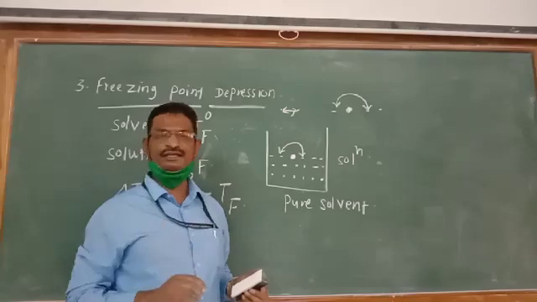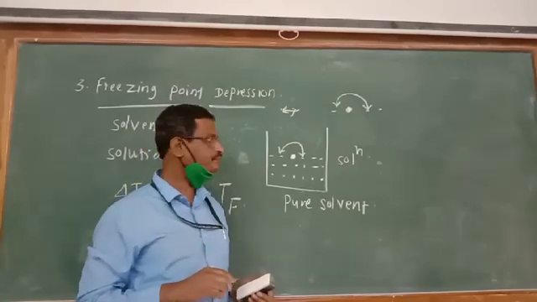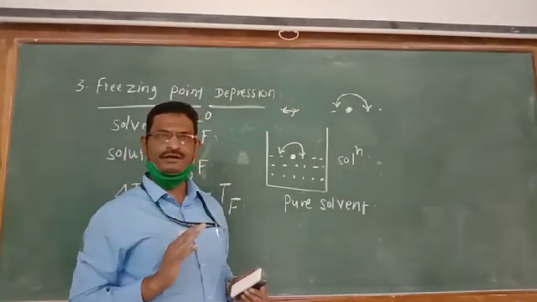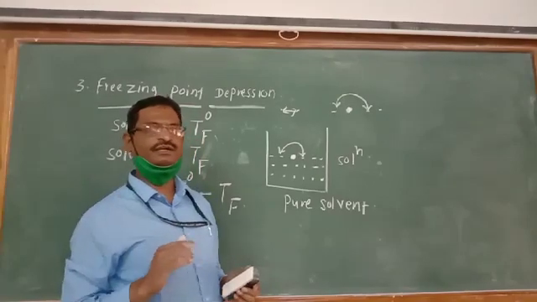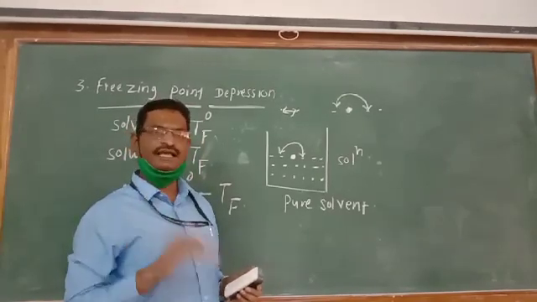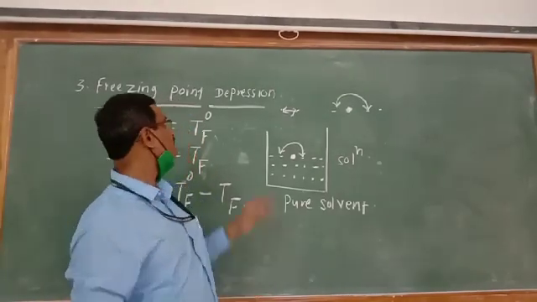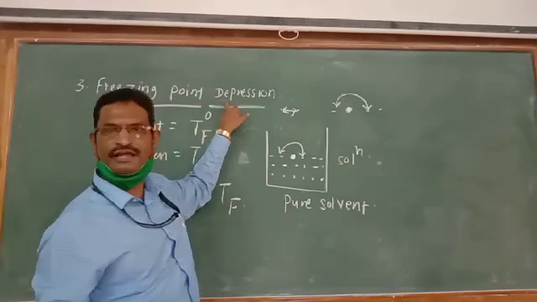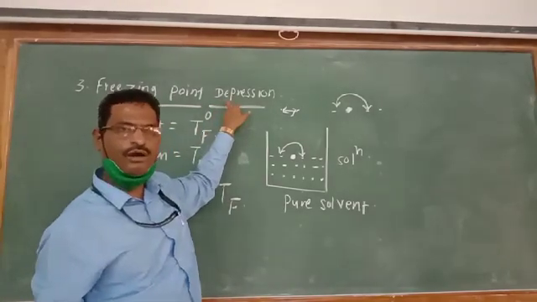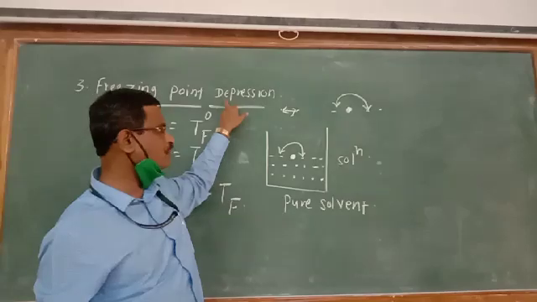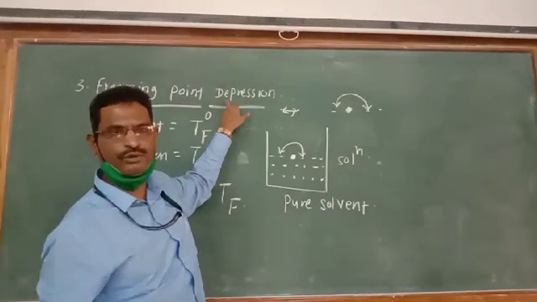And with decrease in the force of attraction, the temperature required for converting liquid state to the solid state is less. Therefore, there is depression of freezing point whenever a non-volatile, non-electrolyte solute is added to this solvent.